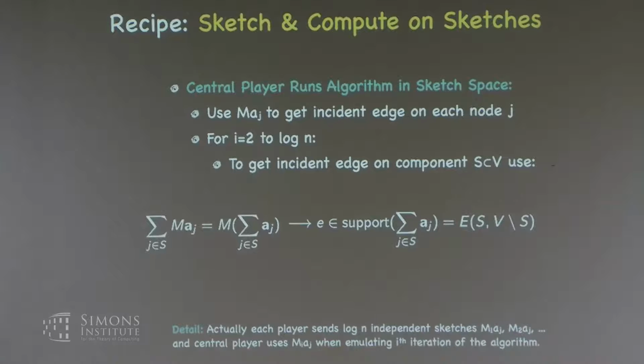Again, I'm brushing some stuff under the rug. There's a slight issue about fresh randomness, emulating log n rounds of the algorithm, but it's still a one-time thing where each player simultaneously sends log n L0 sketches, and using that I can emulate Boruvka's algorithm.